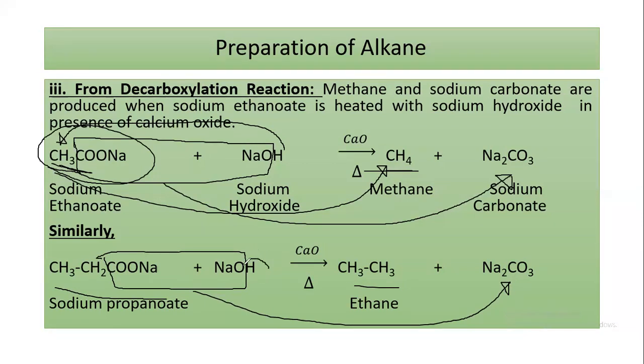And this hydrogen is attached with this carbon and produces CH3CH3, that is called ethane. Here also a decreasing of 1 carbon has occurred. So it is also a decarboxylation reaction.